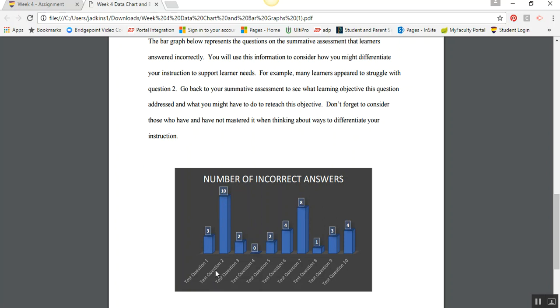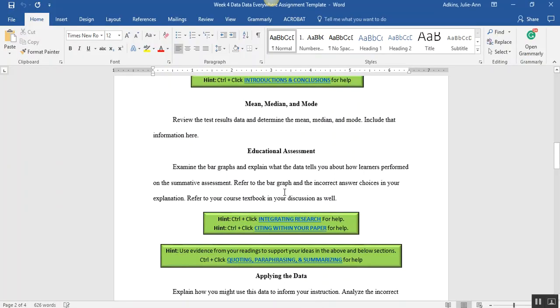As a teacher, you would want to go back to your assessment, see what that question was, what the learning objective was, what you were asking them, and determine what perhaps the students are still misunderstanding, or perhaps your test question just wasn't written clearly enough. That's something you can do in terms of your analysis here.